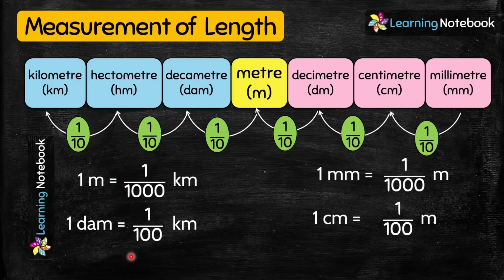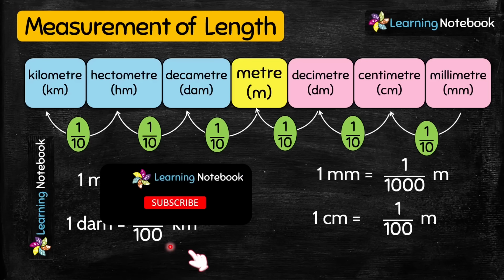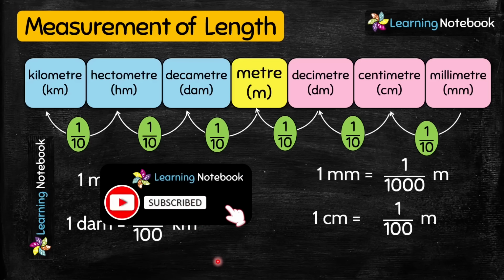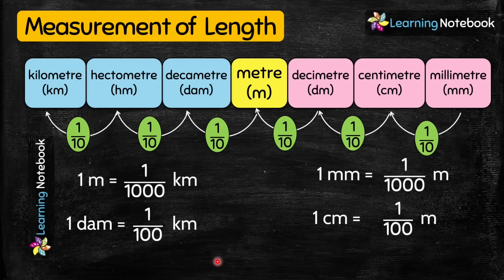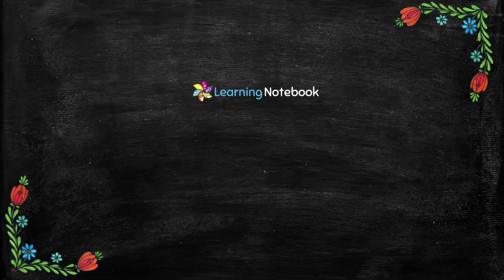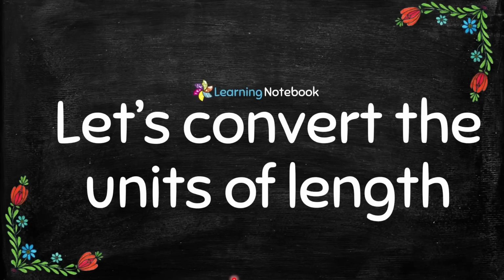So 1 decameter equal to 1 upon 100 kilometers. So students, in this way we can convert lower units into higher units. Now let's do some questions to convert the units of length.